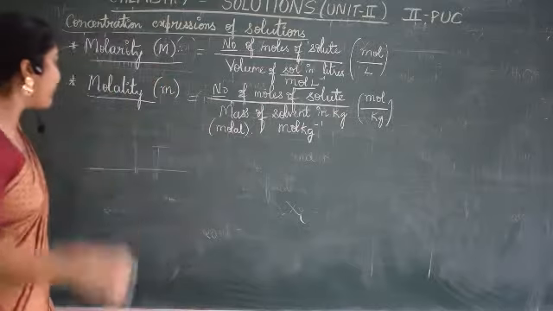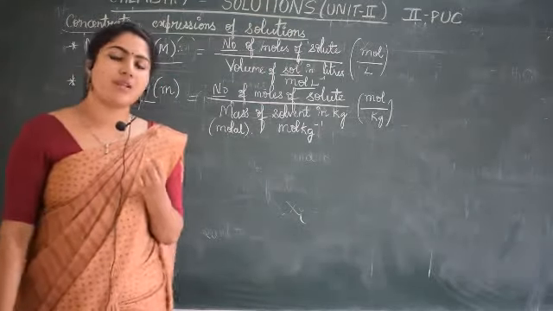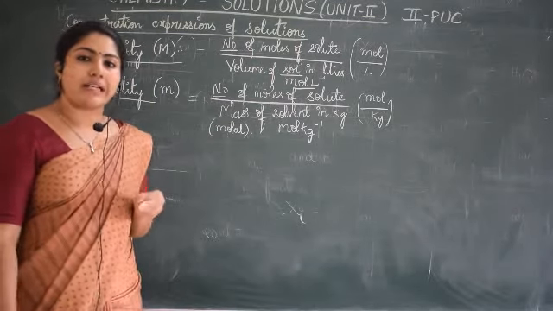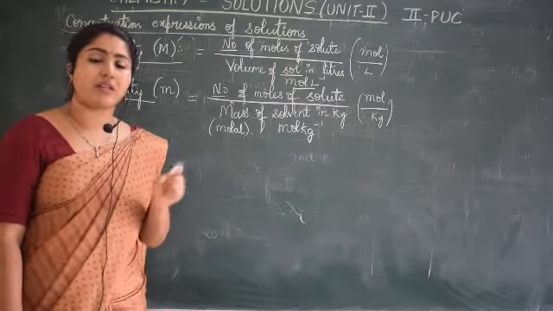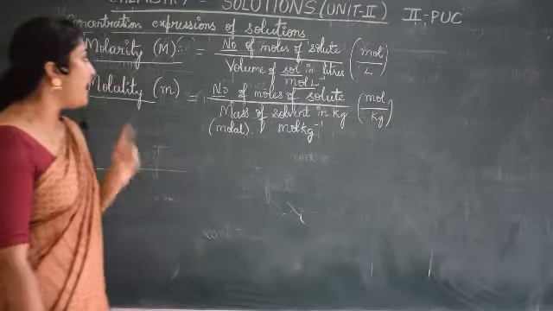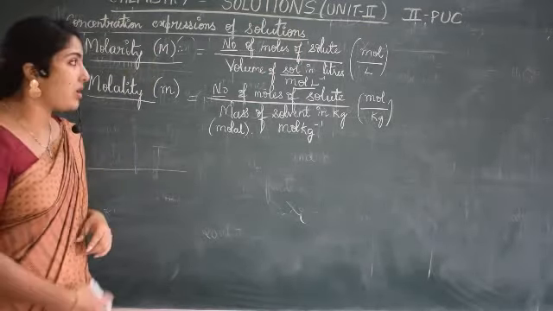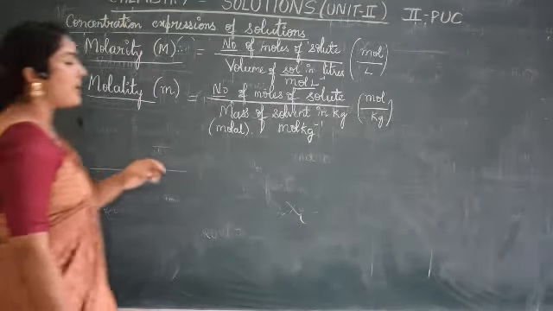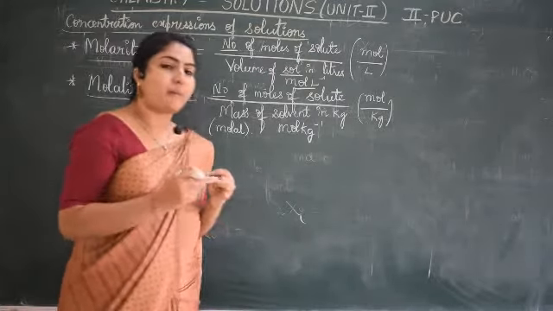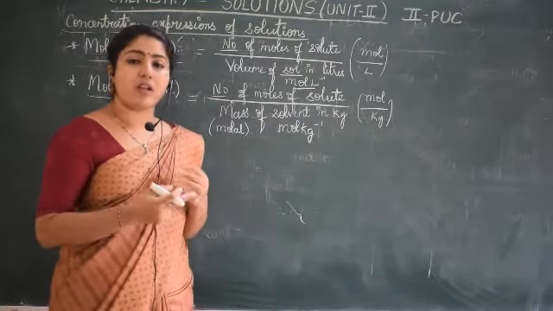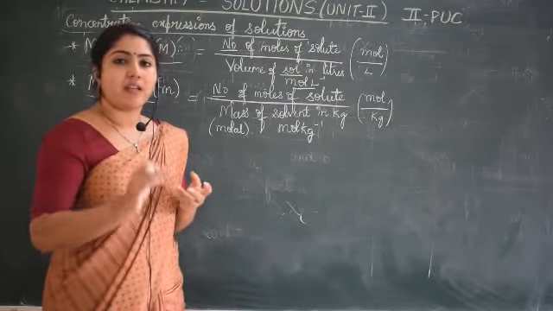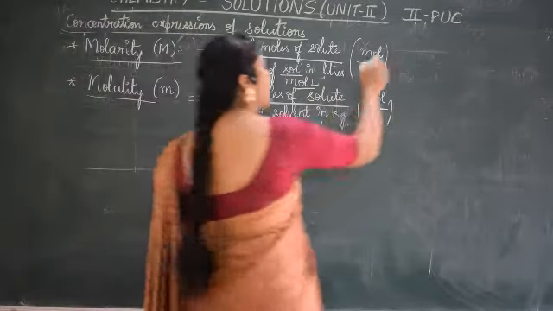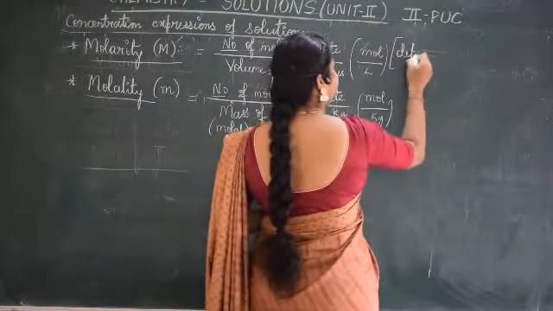So you must know the difference between molality and molarity. Now, what is the important point to remember? Wherever you see a volume term, that quantity will depend on temperature. Among parts per million, mole fraction, molarity and molality, the one which depends on temperature is molarity.